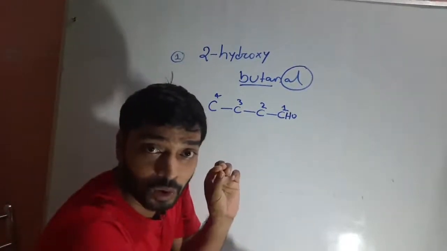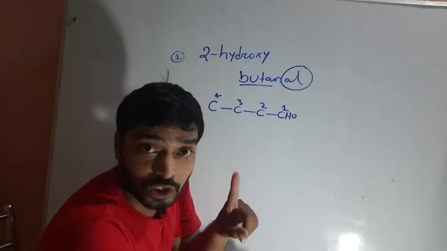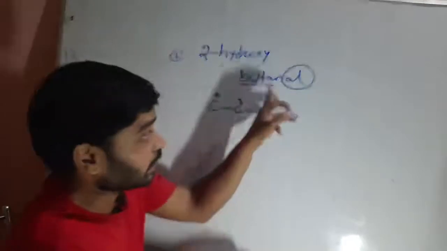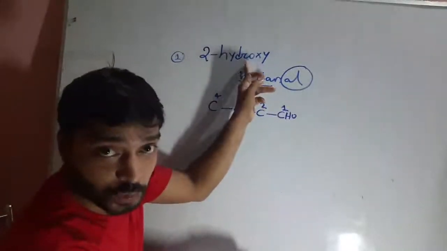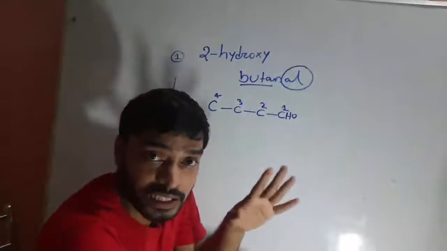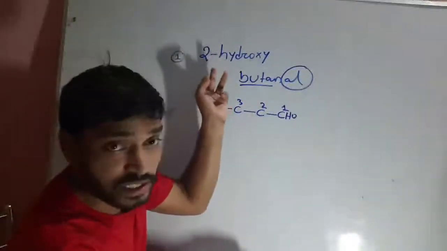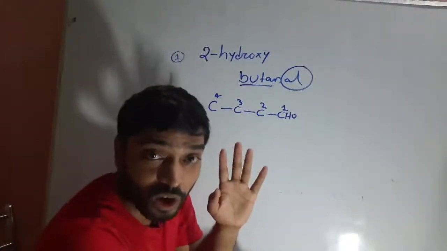Junior functional groups are expressed using their prefix. In this case, the prefix for the junior functional group is hydroxy. Hydroxy prefix expresses the functional group alcohol.